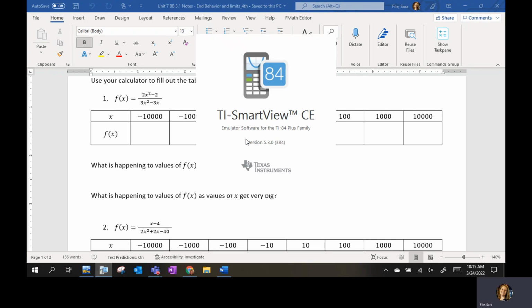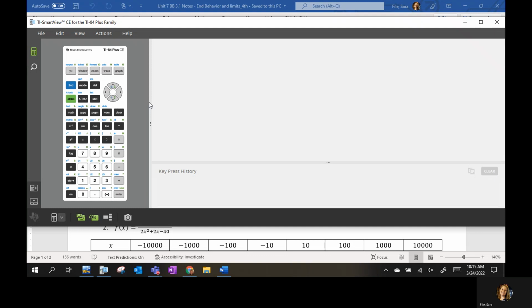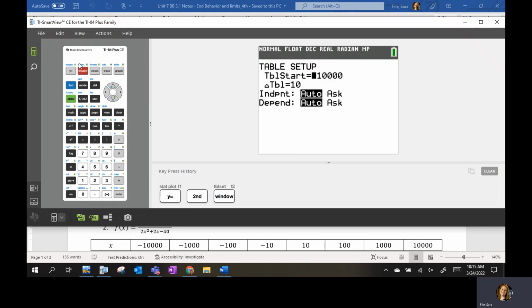How you can jump from specific number to specific number so that you're not having to scroll so long. Okay, so if you go to y equals and enter your function here, and then you go to second window, where it says table set, table start, you can put a specific value that you want to go see the y value for.